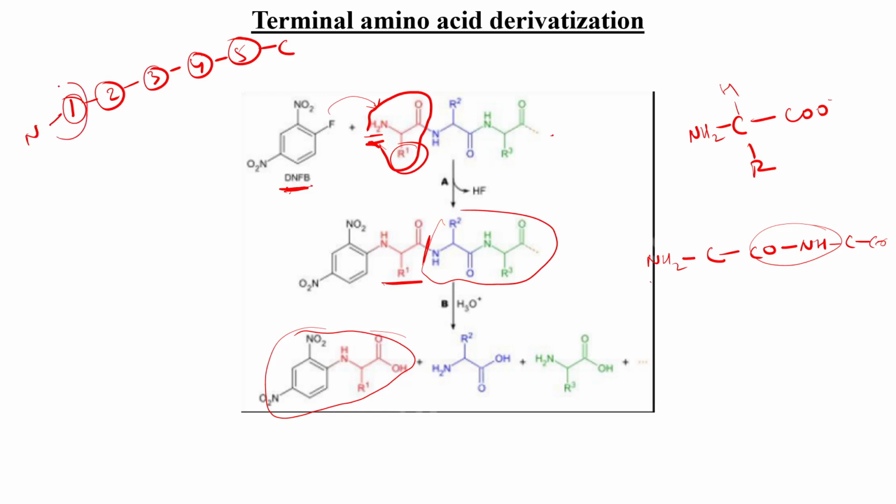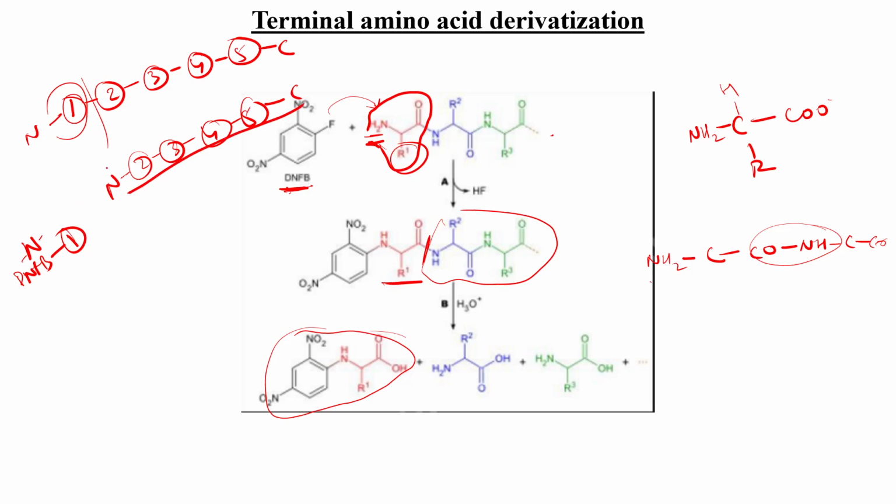Dinitrofluorobenzene will react to this first amino acid, and then we'll cleave it. So we'll have now 2, 3, 4, 5. Now this will become the new N terminus, and the first amino acid product will get separated along with the DNFB.